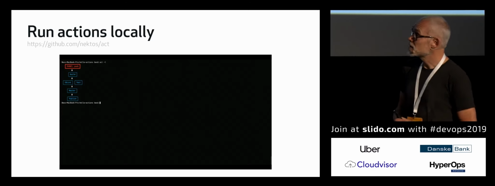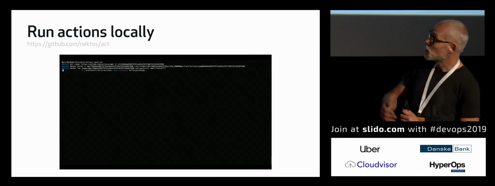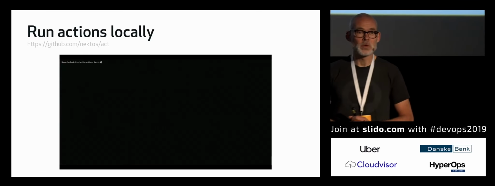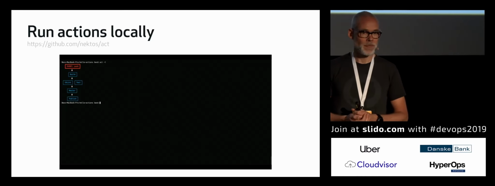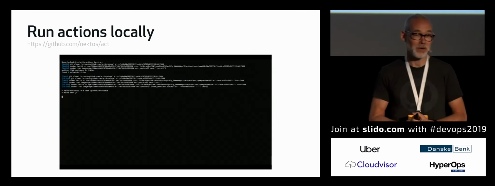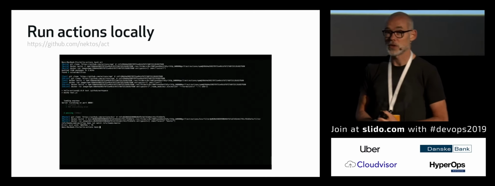Another thing is there's a tool created, so-called Act, and it allows you to run actions locally. It's great for testing, but you can even run them locally to just run actual actions on your project.